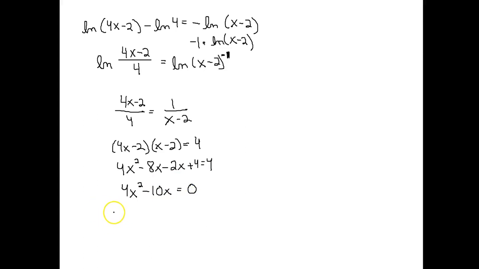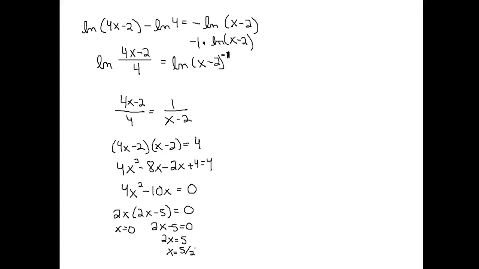Go ahead and factor. We got x equals 0. We got x equals 5 halves. So I have two possible solutions here.